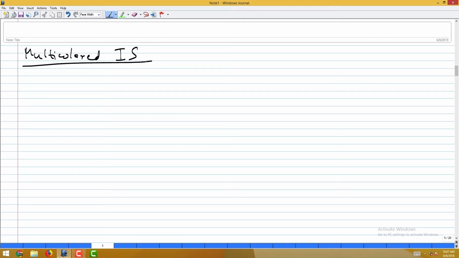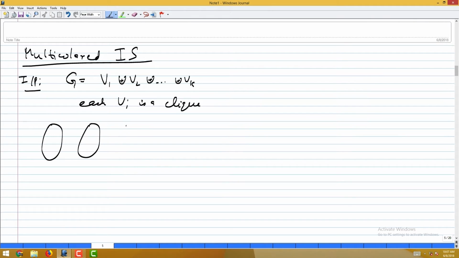In the multicolored independent set problem, the input graph is a very special kind of graph. The input graph G is of the following form. You're given k parts, and each part is a clique, and there could be some edges going across.